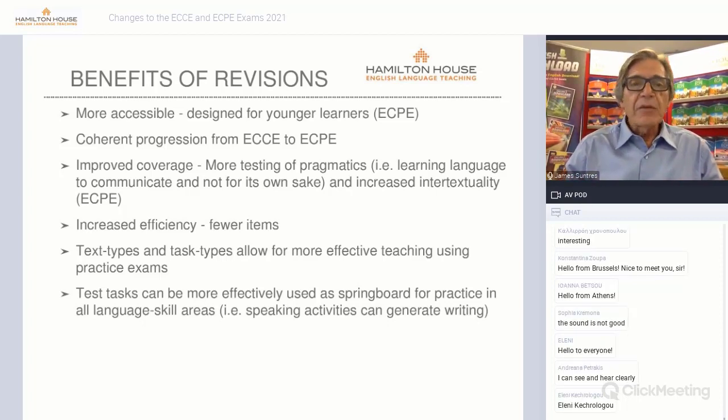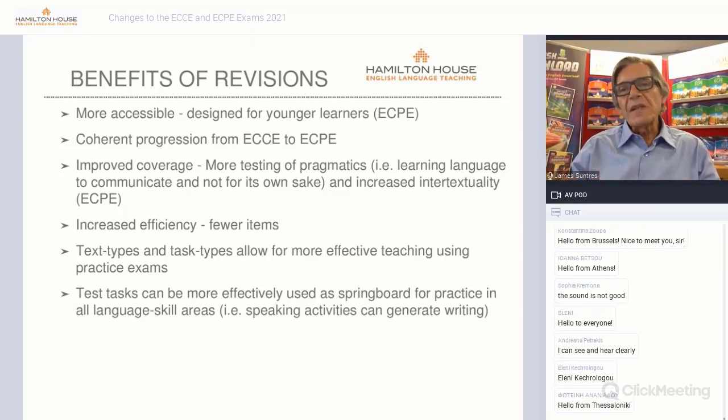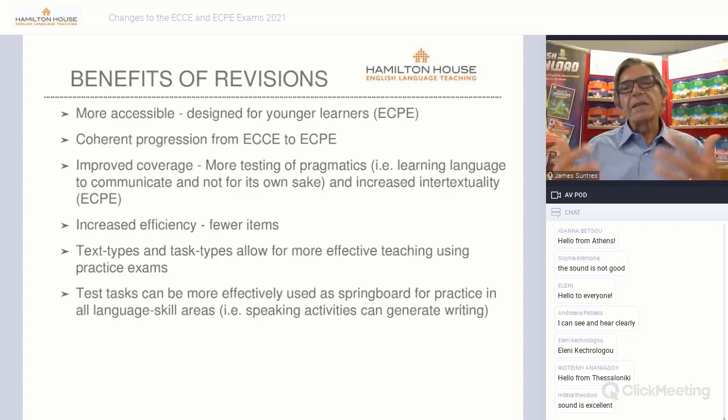Increased intertextualization implies that it's assumed that in doing the reading comprehension, for example, or the listening, students do have some sort of background knowledge. They're not a blank slate, and attempts are made to assume this background knowledge and activate it, because this is part of the reading process after all.